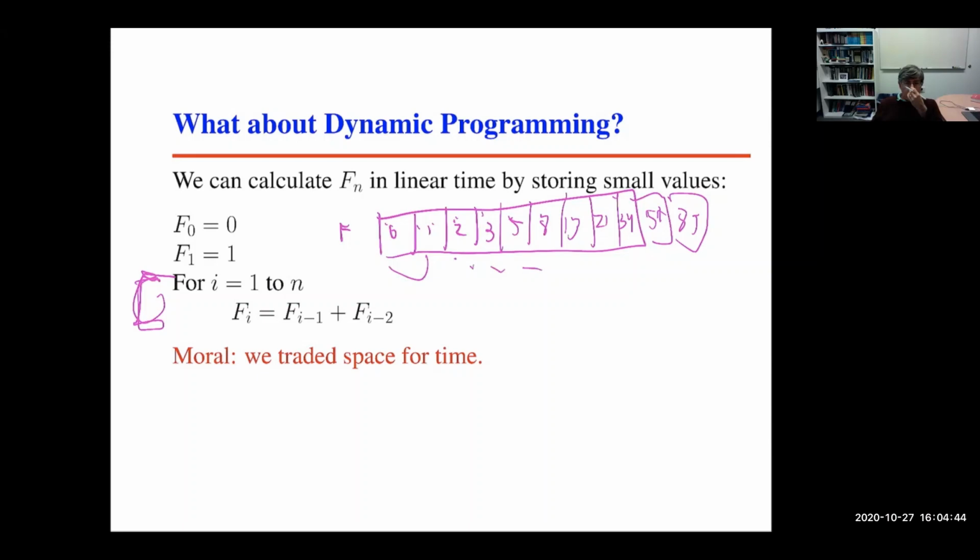It is taking a recurrence, okay? We're going to add space to store partial values to save us time. And instead of implementing it as a recursive thing, we are going to evaluate the recurrence differently.